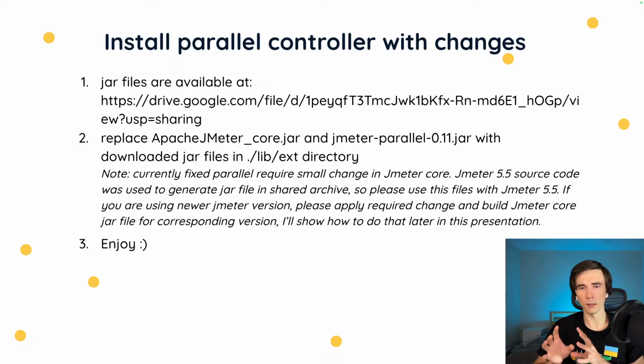But in general, these two jars have only 4 changes, like the final version. We will talk about them later too. But for the common user, if you are not interested in what was exactly changed, just use these jar files and you are good to go.